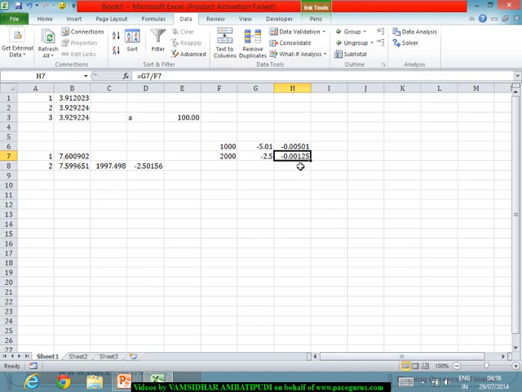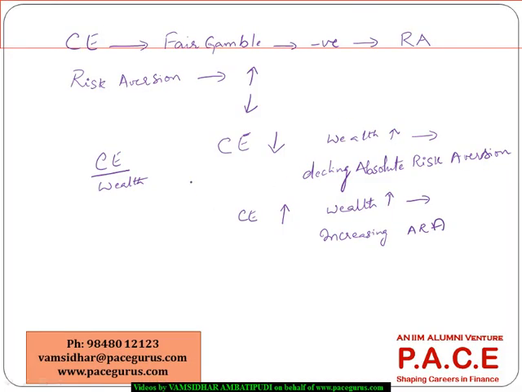This is much higher. So either we express the certainty equivalent in its original absolute form itself, or we express it in terms of percentage.